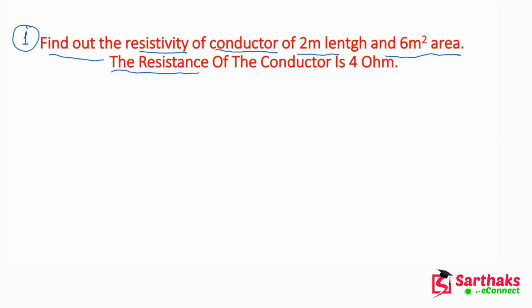The resistance of the conductor is 4 ohm. When I start to write the solution of this question, first of all, I have to write down the given data. So let's see what values have been given.